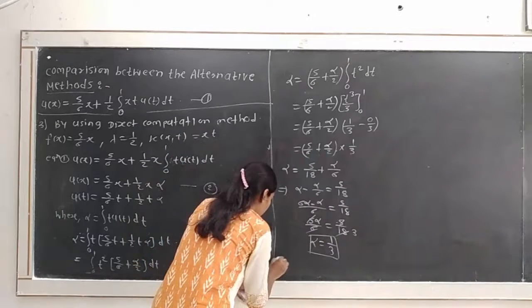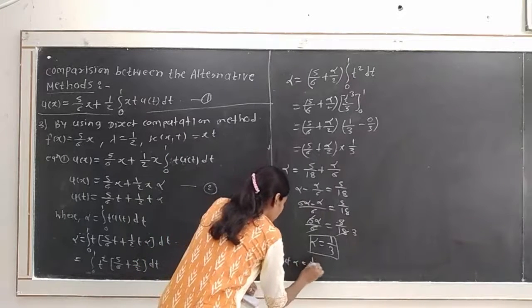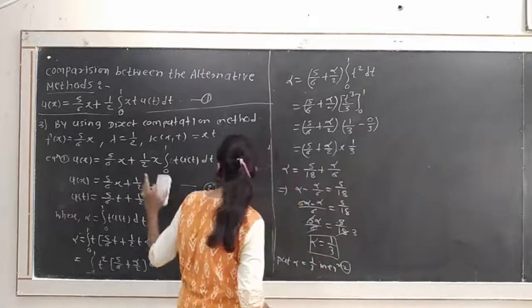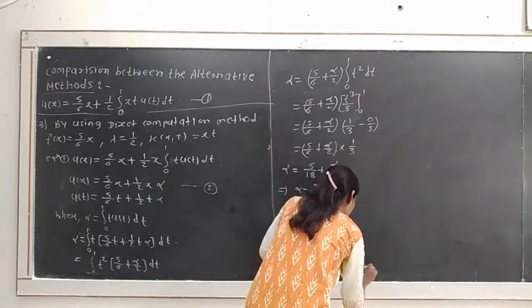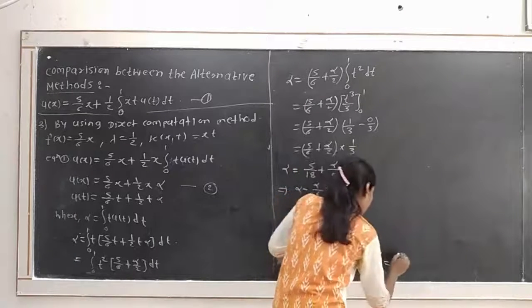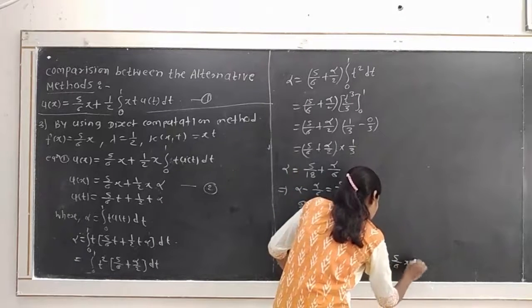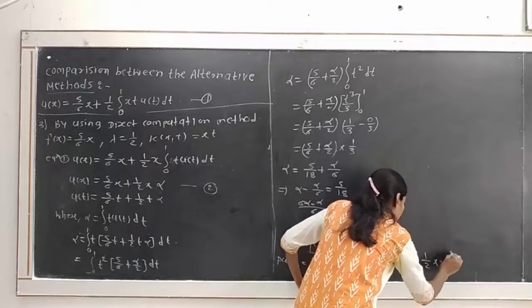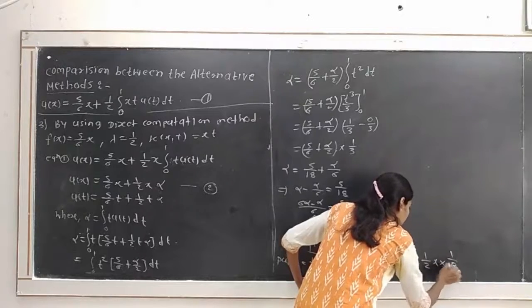So put alpha is equal to 1 by 3 in equation number 2 to get u of x. From equation number 2, u of x is equal to 5 divided by 6 into x plus 1 by 2 into x into the value of alpha, which is 1 by 3.